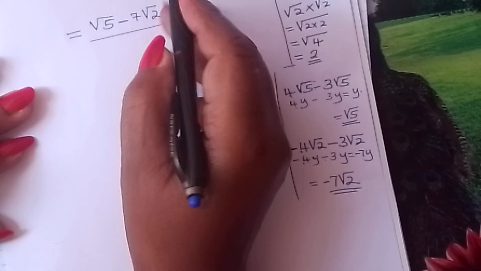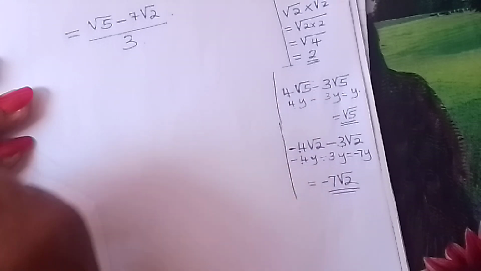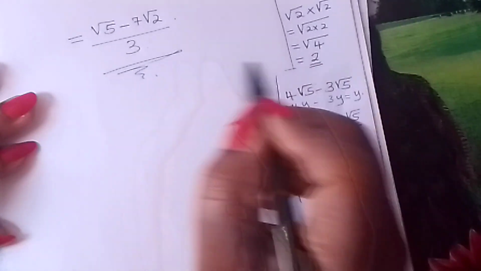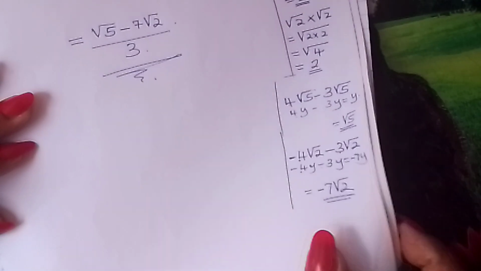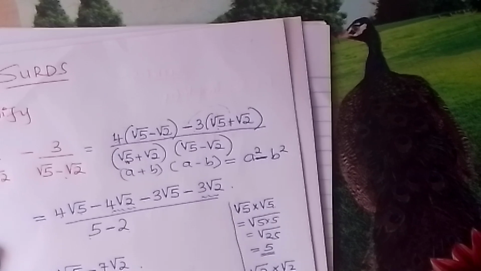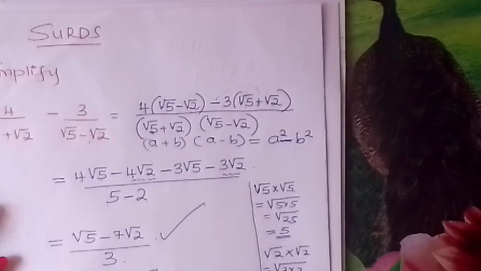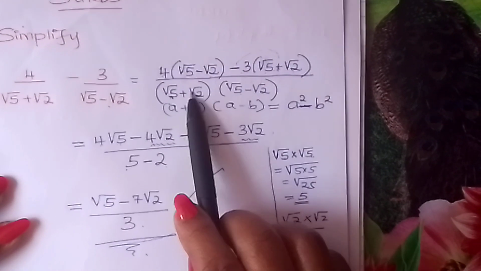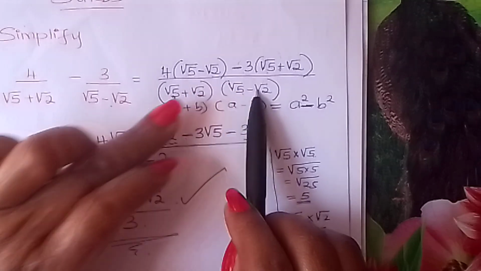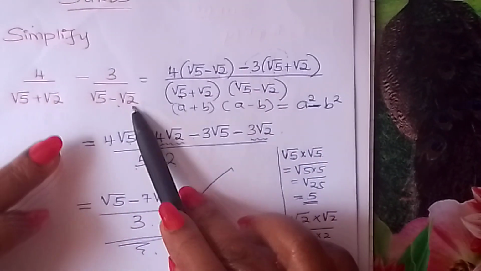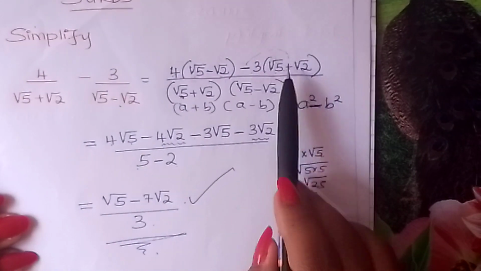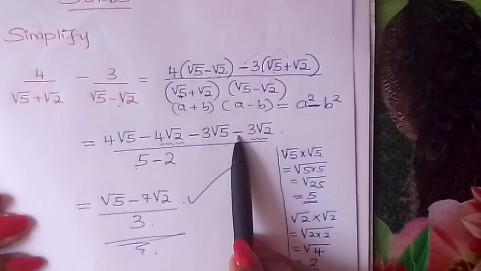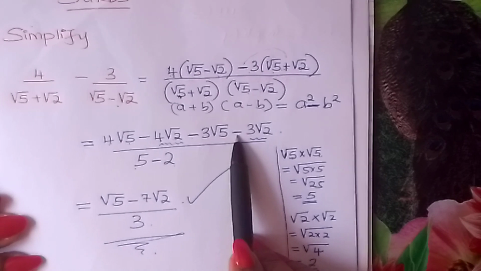Divide by what, learner? 5 minus 2 is 3. And that is your answer. So the most important thing, learner, here is to get the LCM and then go about it accurately, removing this bracket very accurately so that here you get negative.